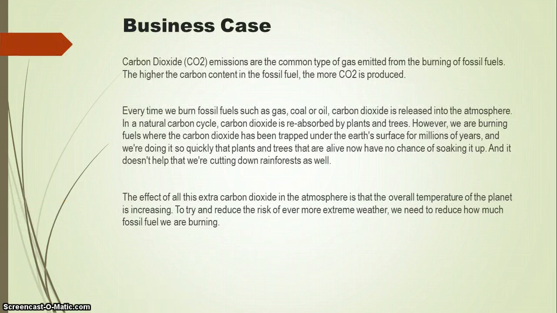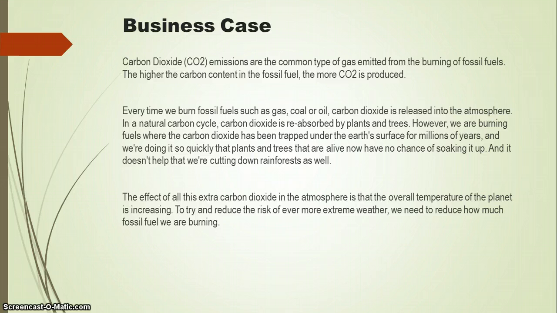Business case. Carbon dioxide is the most common type of gas emitted from the burning of fossil fuels. The higher the carbon content in the fossil fuels, the more CO2 is produced. So every time we burn fossil fuels such as coal, oil, gas, carbon dioxide is released into the atmosphere.